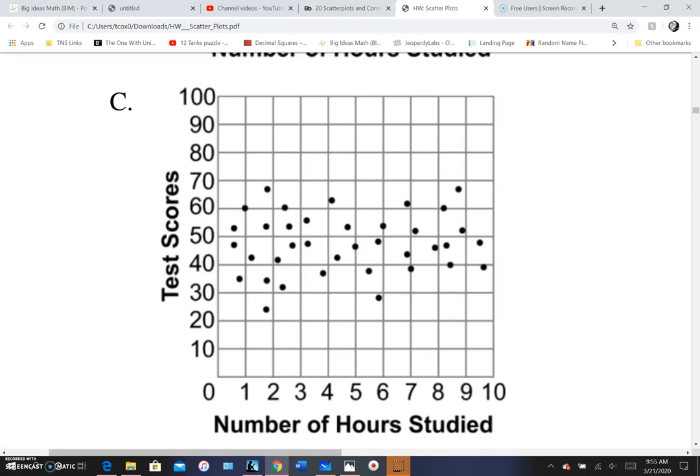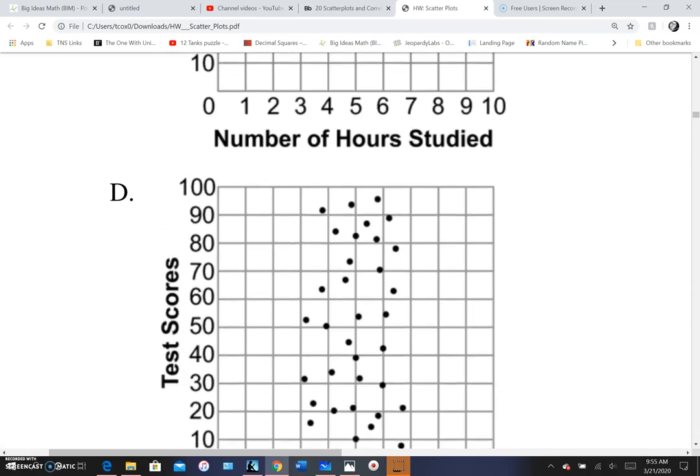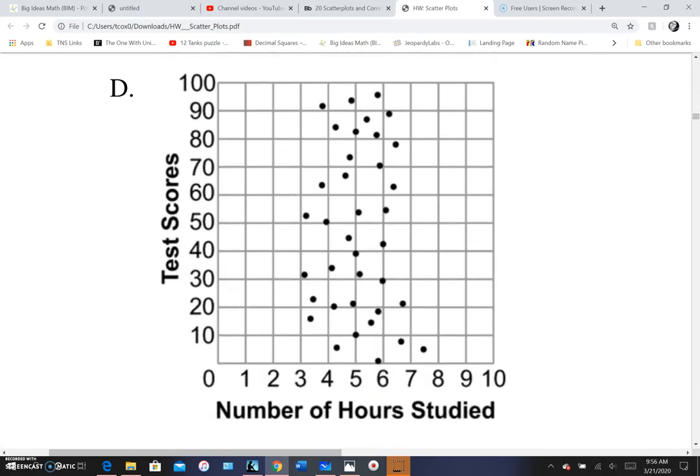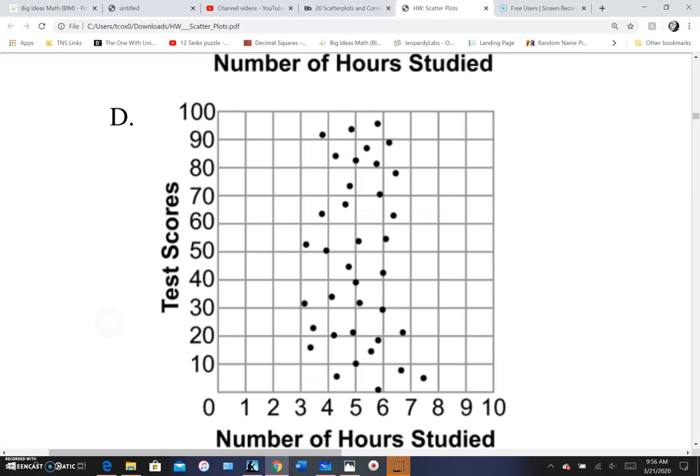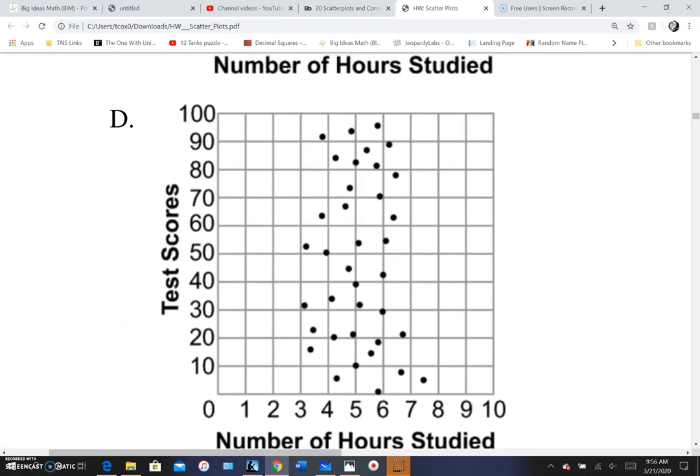So either we're not studying the right things, or we didn't understand what we were studying, but this would, as a teacher, cause me to have us review some information so we could take that test again, because those scores are kind of icky. And then in this last example, we can see, again, there is no up right or down right correlation, so there is no positive or negative correlation in our data.